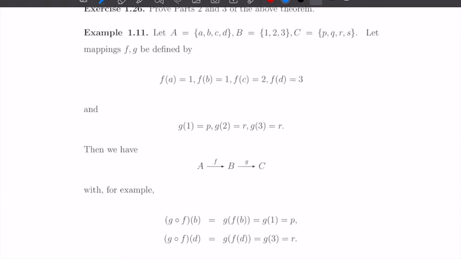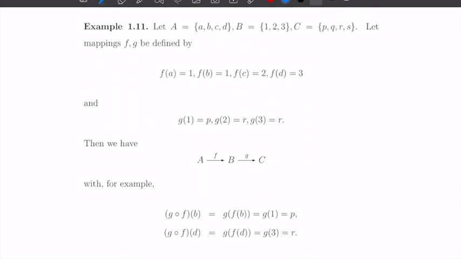Okay, let's see this example. Let's say we have 3 sets, A, B, and C, and we define 2 mappings F and G by this and this. Then we have this diagram.